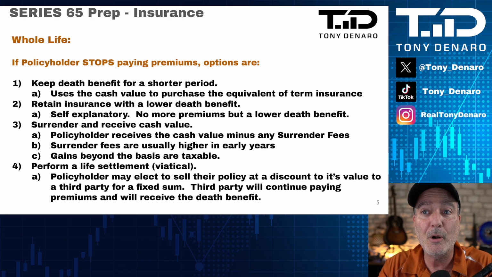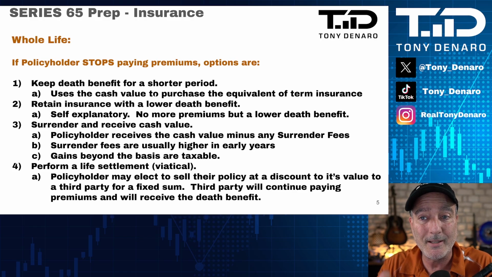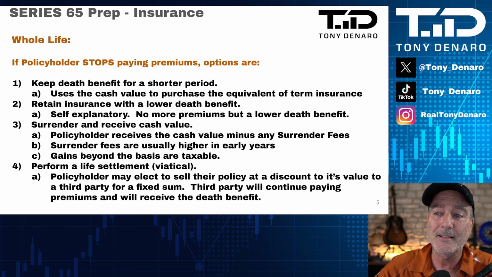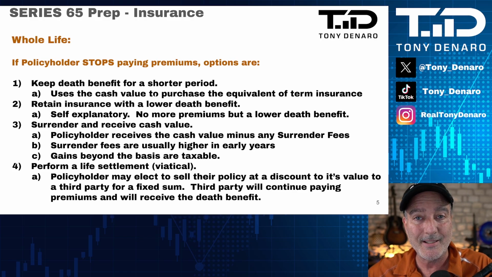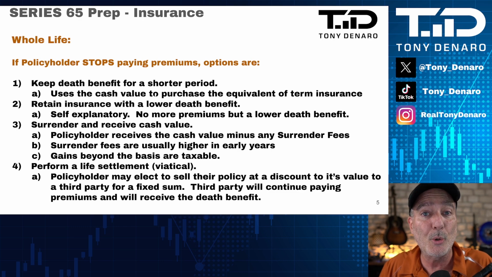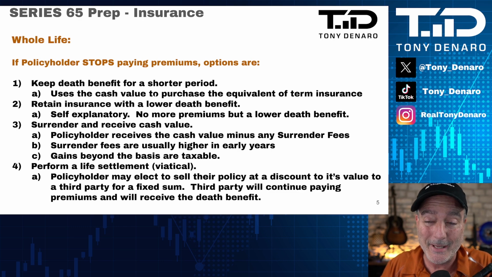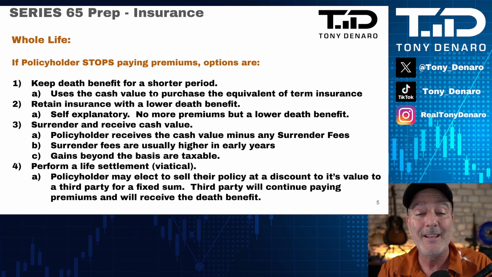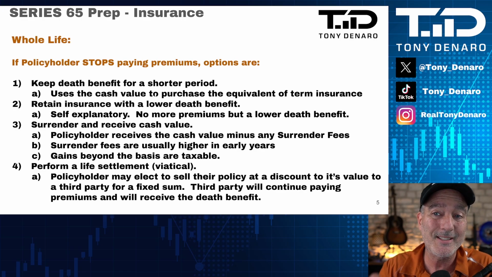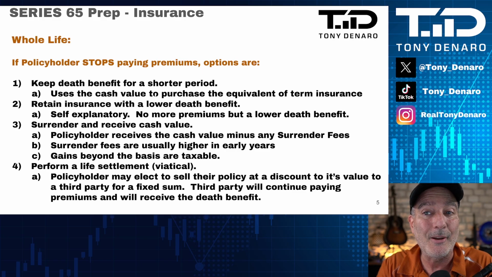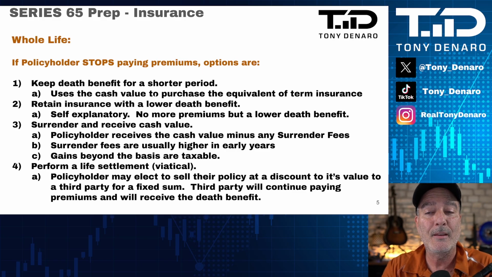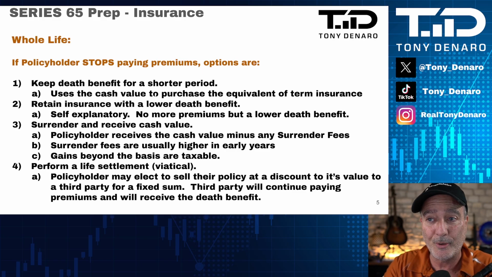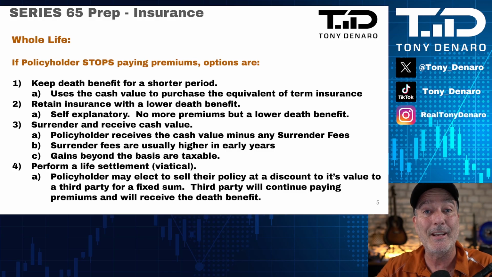The third party then would become the beneficiary of your policy, and they would also be responsible for making the payments for the remainder of the policyholder's life. So the policyholder gets cash immediately to take care of whatever end of life expenses they have, medical needs, but they do that at a discount, and the third party, upon the death of the policyholder, receives the death benefit.